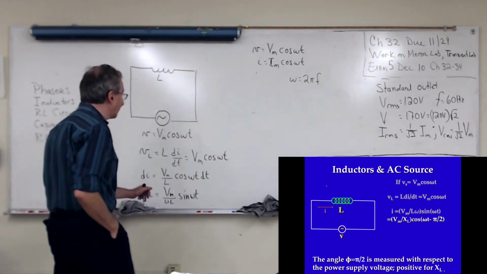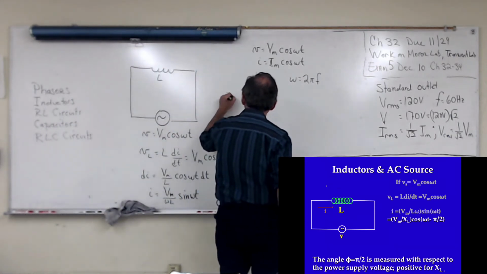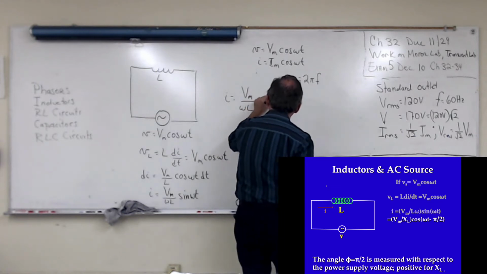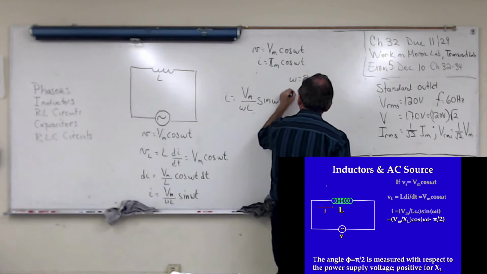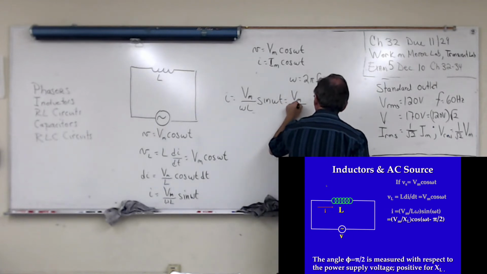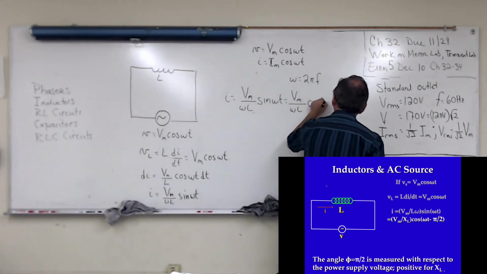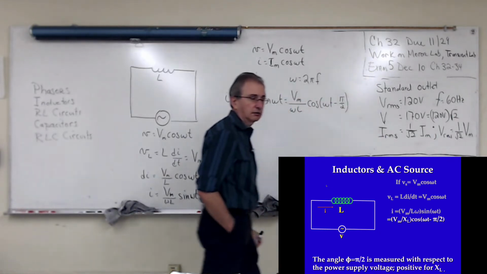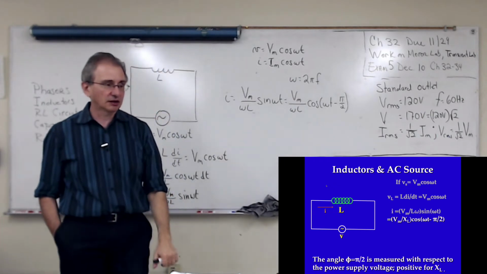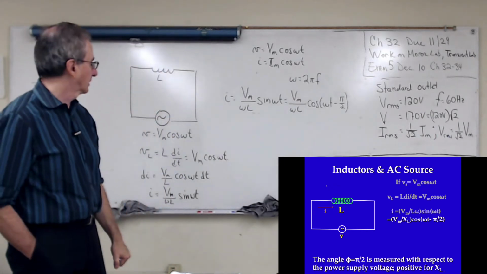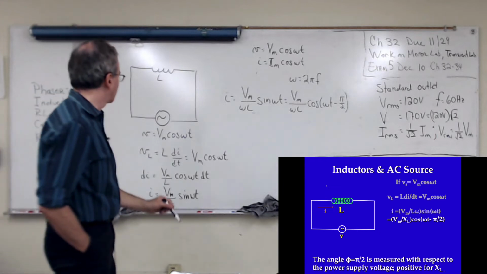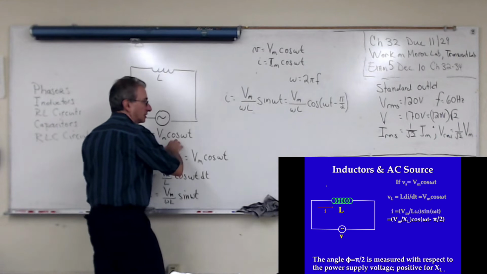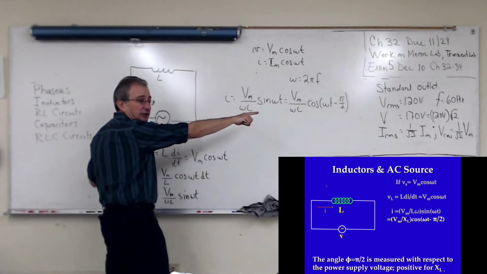And in fact, we can write this in the following way. You get the same result. And we see then that the current is behind the voltage by 90 degrees, pi over 2.